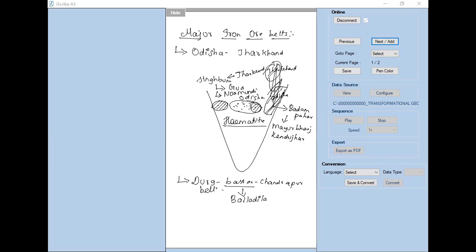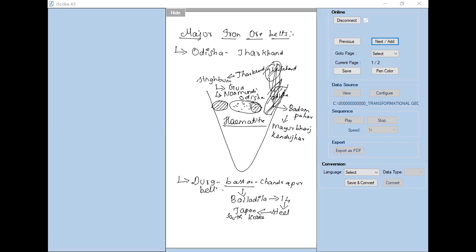This hills contains 14 deposits of high grade hematite iron ore, and this is especially used for steel making. This iron ore is exported to Japan and South Korea.